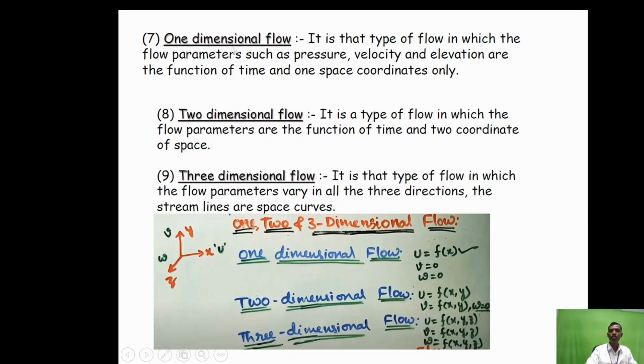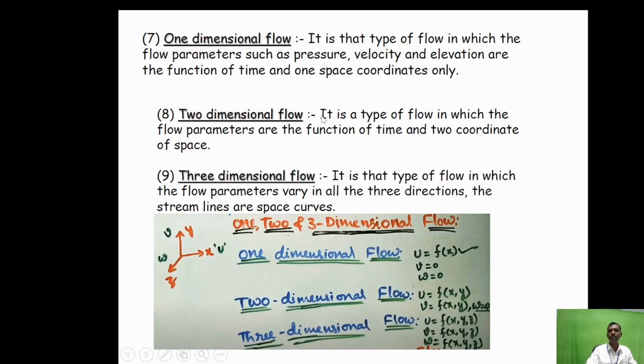Okay. Now you see the definitions. One-dimensional flow is the type of flow in which the flow parameters such as pressure, velocity and elevation are functions of time and one space coordinate only.